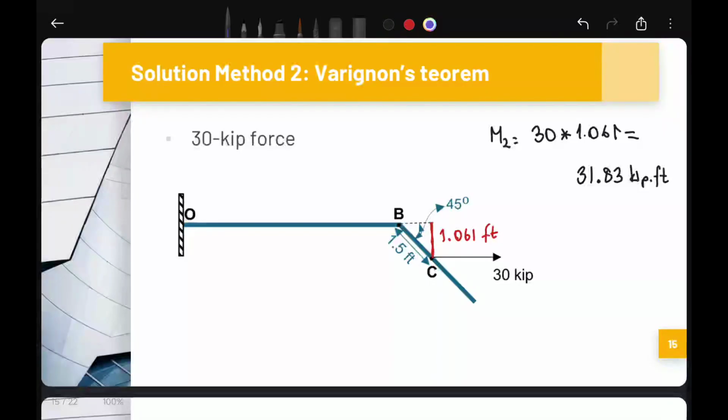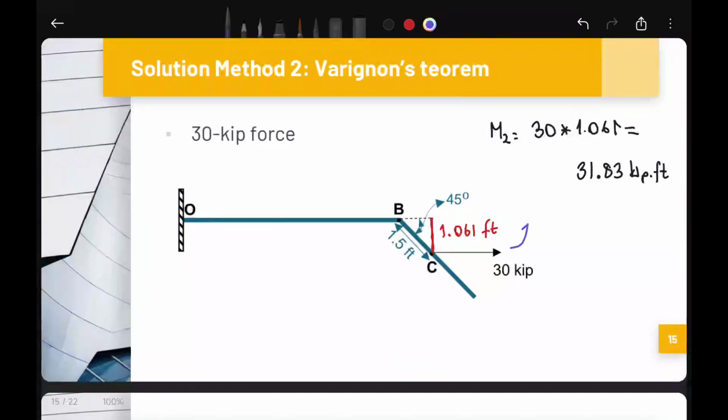This force tends to rotate in the counterclockwise direction. That's why we assign positive. Exactly the same as the previous solution.